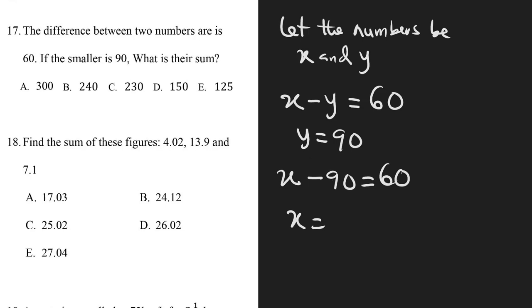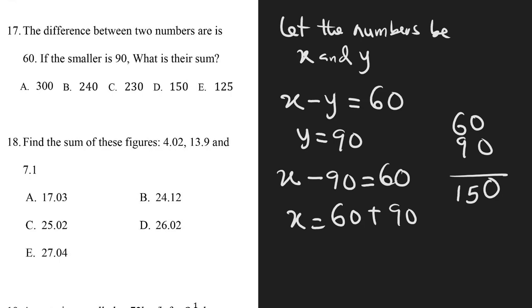So we're going to have 60 plus 90. Let's add it. 0, 9 plus 6 is 15, so the sum of the numbers is 150. So let's check our option. From our options, the answer is D, right? So let's move to the next question.